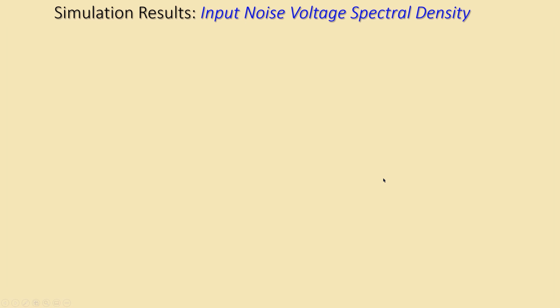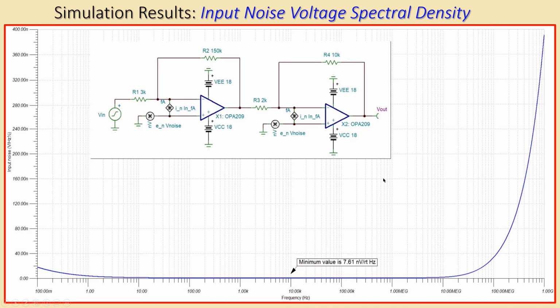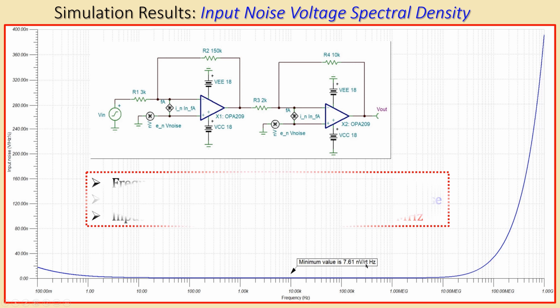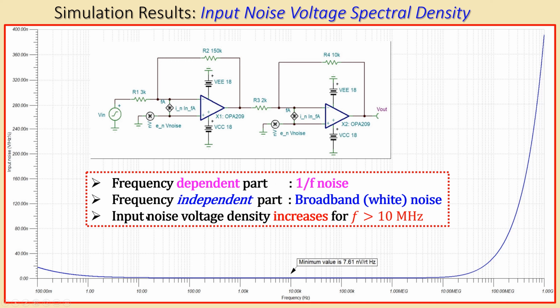Okay, let's also look at the input noise voltage spectral density. That's this plot. You can see the part here and also the part which is of course growing for very large frequencies. And the minimum value is approximately 7.61 nanovolts RMS, root hertz I mean. Now the first part is this one, because this is a very large value.